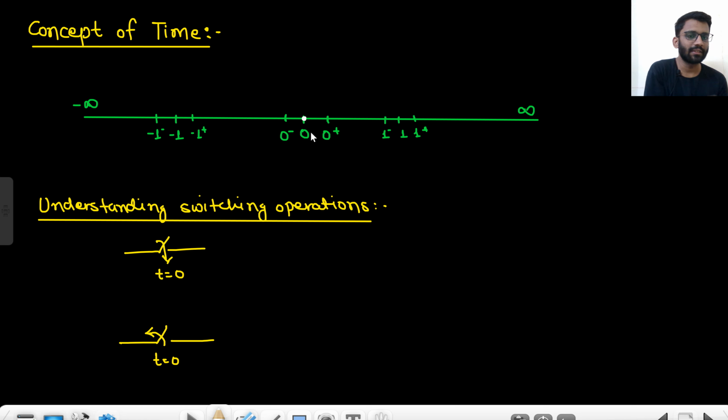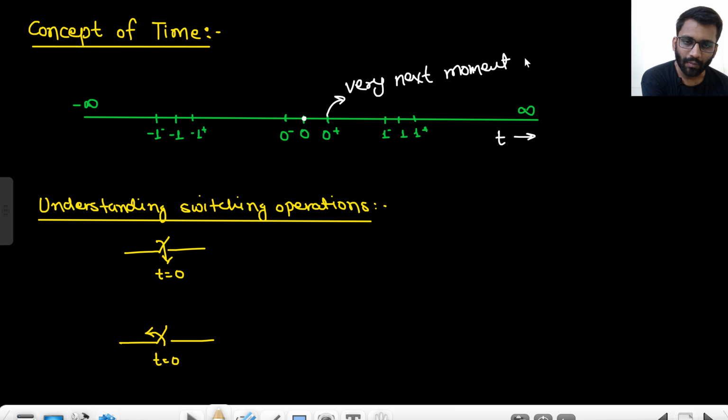What is t equals 0 plus? Let's just assume I am closing the switch at t equals 0. The moment I close the switch, just the very next moment is called t equals 0 plus. So this is t equals 0, and this is the very next moment of t equals 0.